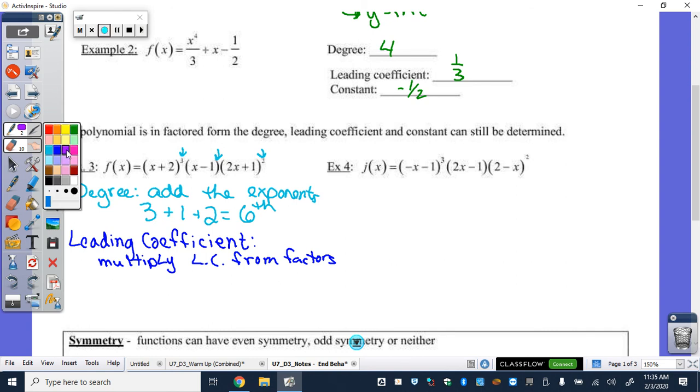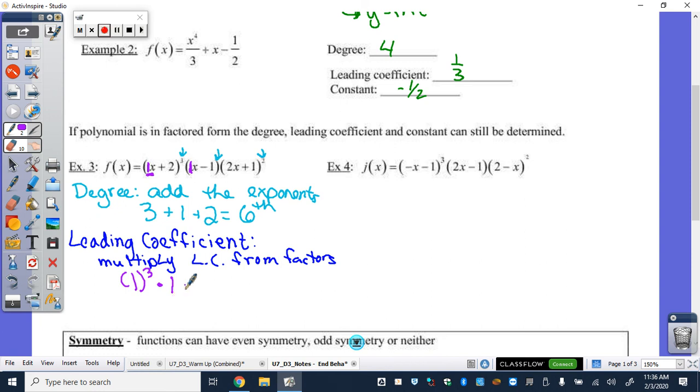So if I look at my first parenthesis here, my leading coefficient would be that 1/3, but it's to the 3rd power. So it's going to be 1/3 to the 3rd power times my leading coefficient in my second parenthesis is a 1, but that one was to the 1st power, so that's going to stay as 1.